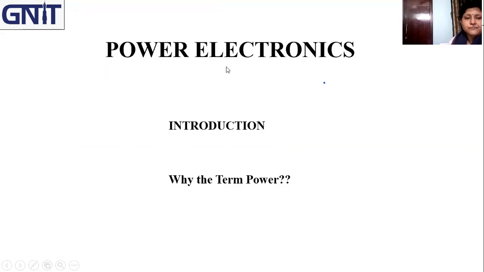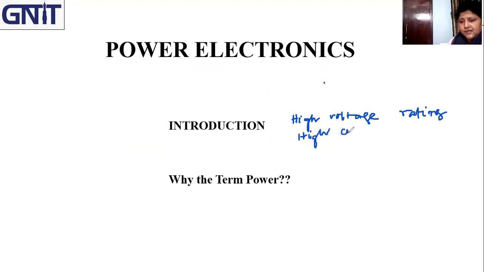So what is basically power electronics? Why is it so called power? That means all the power devices are incorporated within it. Power electronics means it will provide a high voltage rating as well as a high current rating.